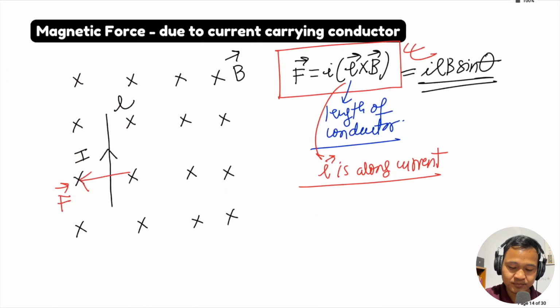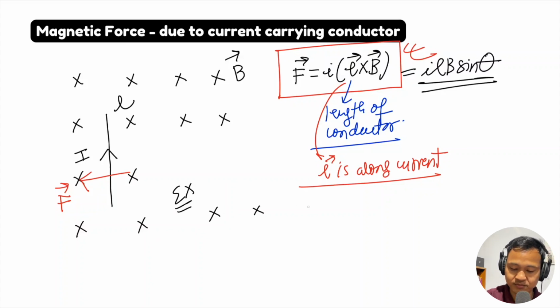And now one more thing. Let's try to do it in the form of a question. Example: here there is a magnetic field.